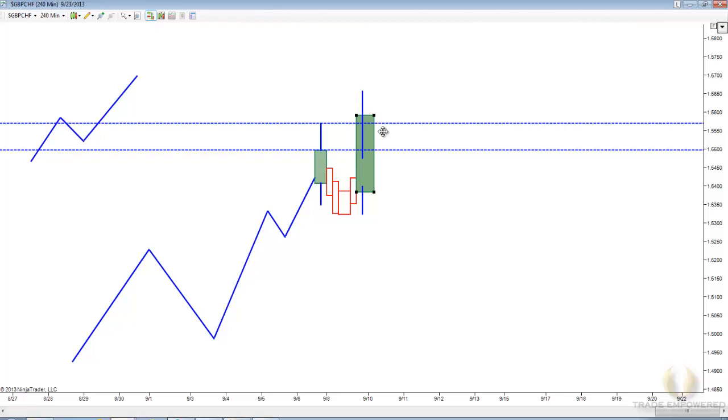But again, the key thing to remember is that the wick of the candle, at minimum, has to retest the highest close of our initial trigger bar and cannot create a higher high, higher close above our trigger bar's highest high, so our trigger bar's wick.